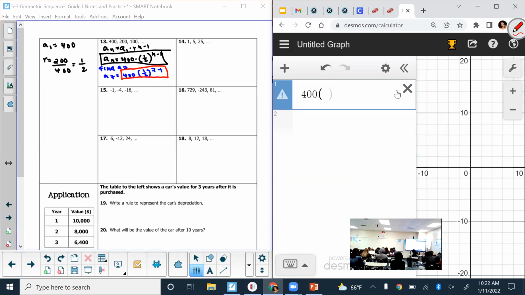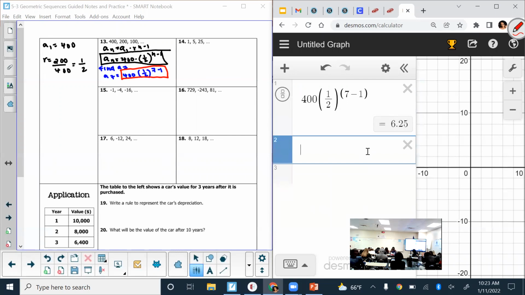All right, fractions should be in parentheses so that the calculator reads it right. And if you're typing the whole thing in, then your exponent should be in parentheses too. All right, otherwise do the 7 minus 1 in your head and enter it like that. Either way, you still get 6.25 as your 7th term. Questions about that?